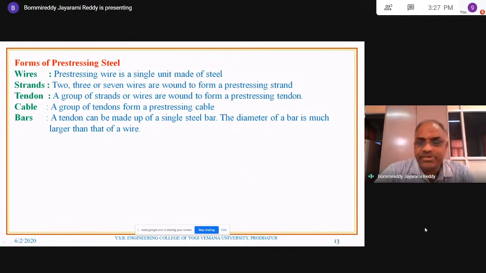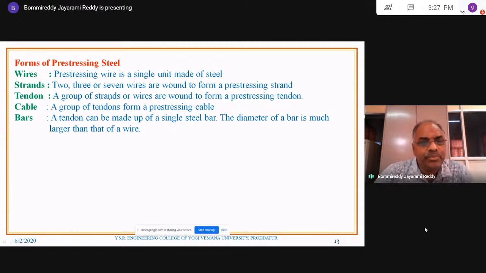Okay. Forms of pre-stressing steel. Several forms of pre-stressing steel are used in pre-stressing members. Wires: a pre-stressing wire is a single unit made of steel. Strands: two or three or up to seven wires are wound to form a pre-stressing strand.